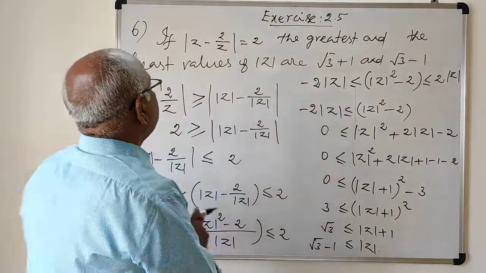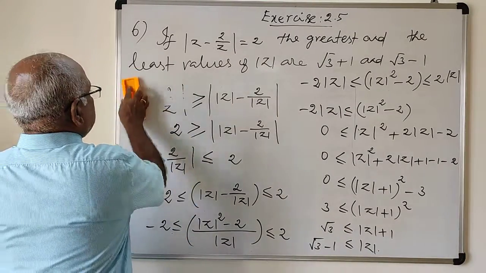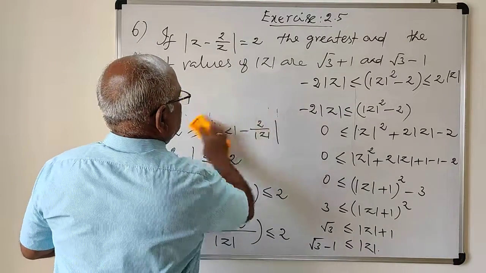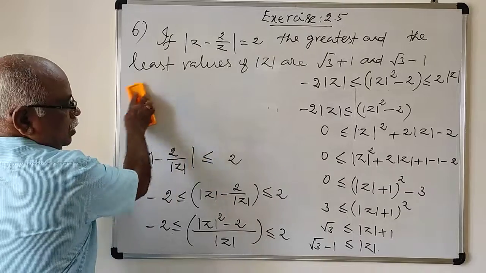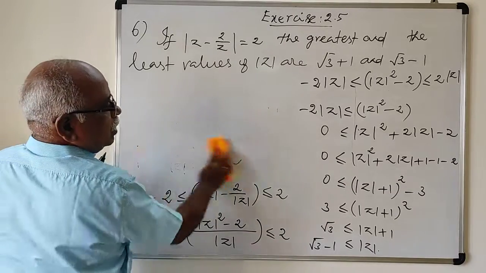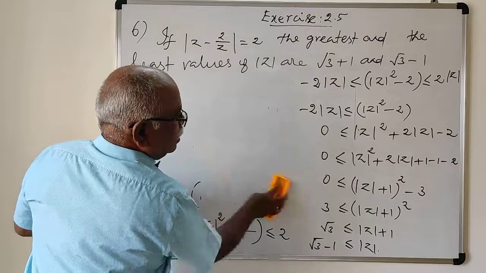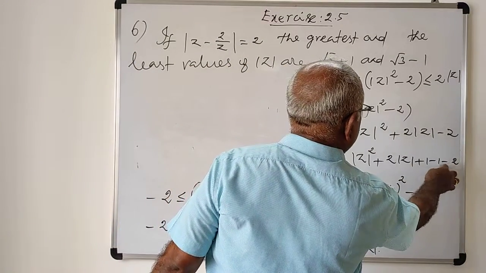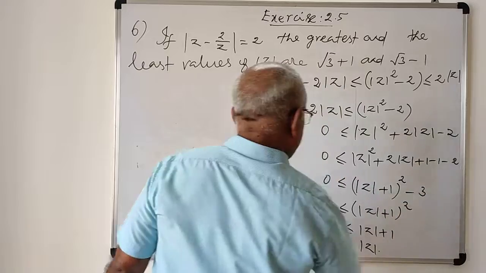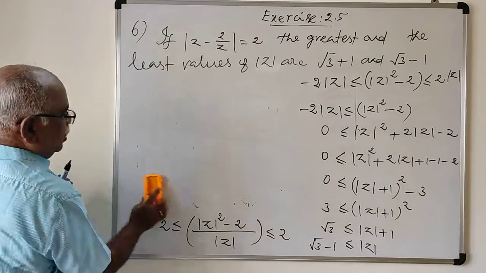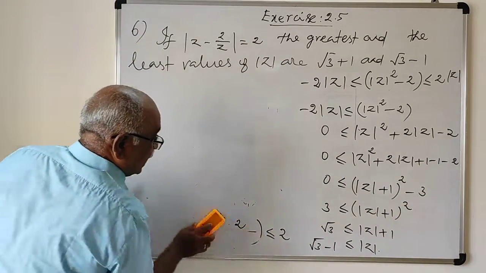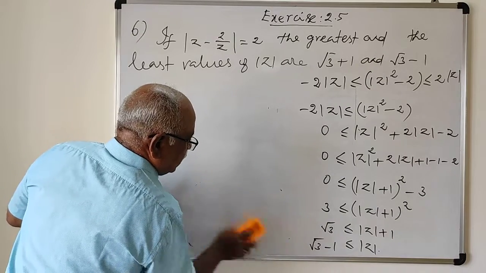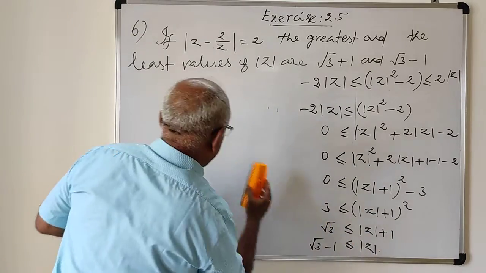Mod z, I can rewrite that step. Minus 1 minus 2 is minus 3. Yes, minus 3, that's okay. Root 3 minus 1 is less than or equal to mod z.